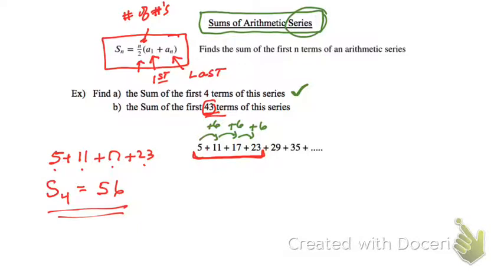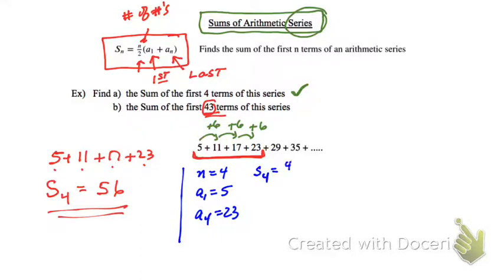So with what we just did, what do we know when we're adding up 4 numbers, as far as that formula goes? We know how many numbers we're adding up, 4. The first number is 5, and the last number, or the 4th number, is 23. That's all we need to know. What's the sum of the first 4 numbers?